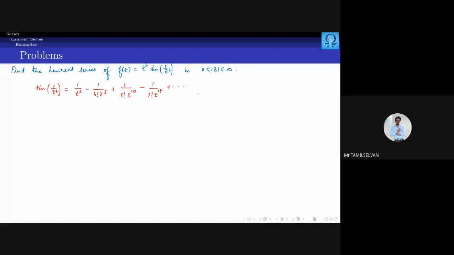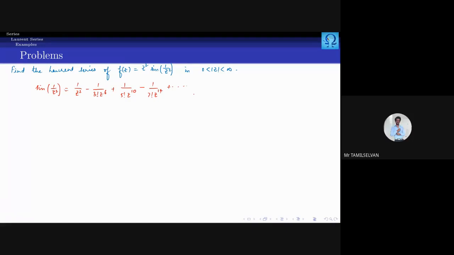Your sine expansion is valid in what region? Just tell me whether your sine is analytic everywhere or not. Sir, it is entire C, sir.